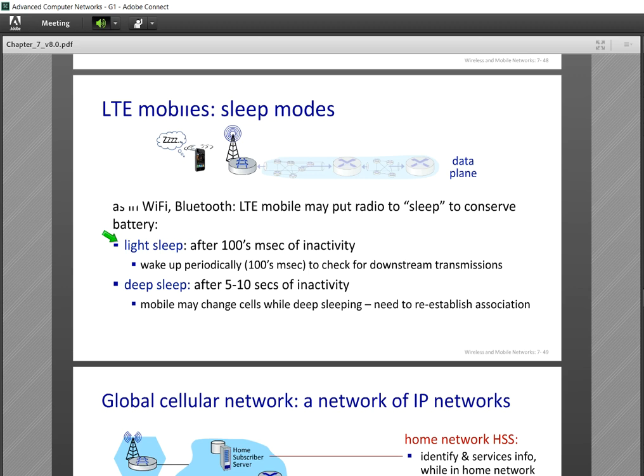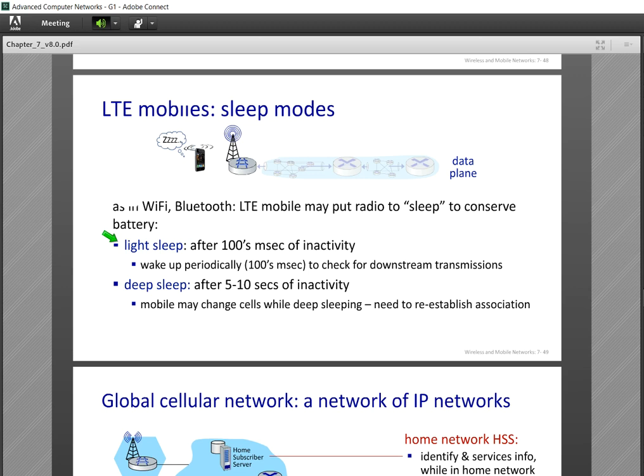After that, it will wake up and search for the information. So my device can sleep for 100 milliseconds.